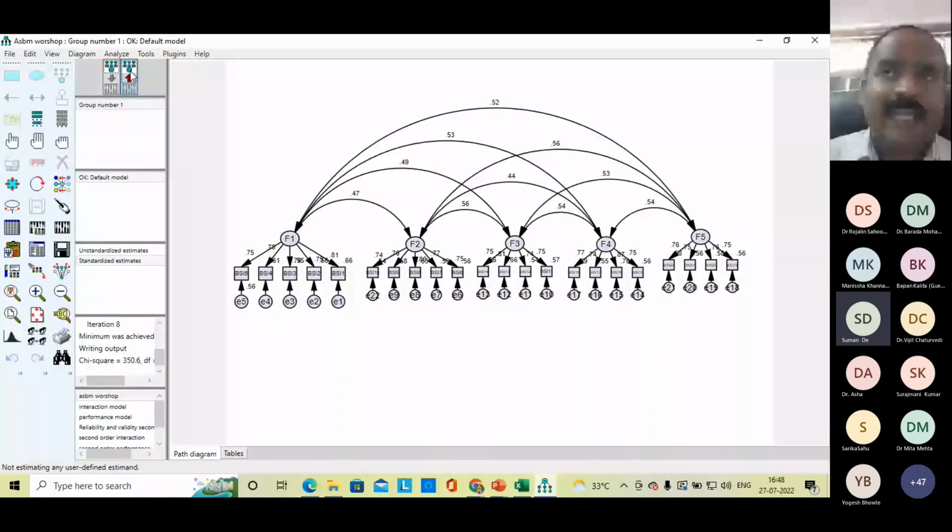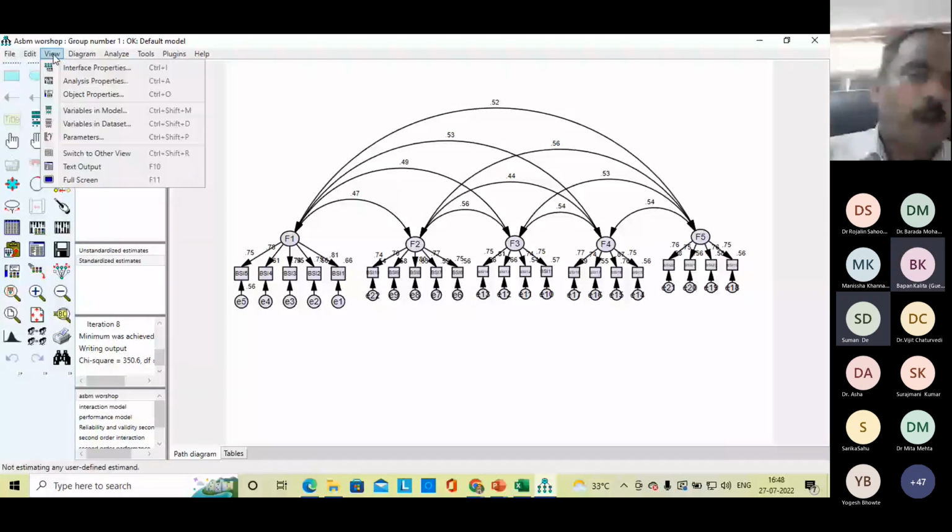How to see the output screen? Please listen carefully, all of you. Go to the view. There is an option text output. Click there. Automatically another screen will appear by showing all the text output.